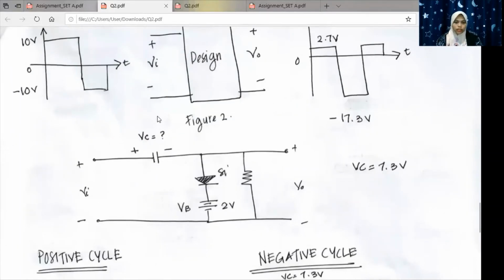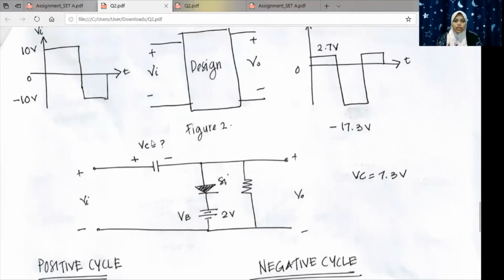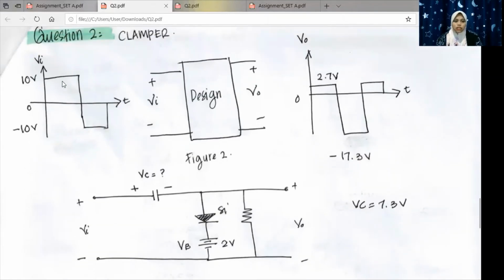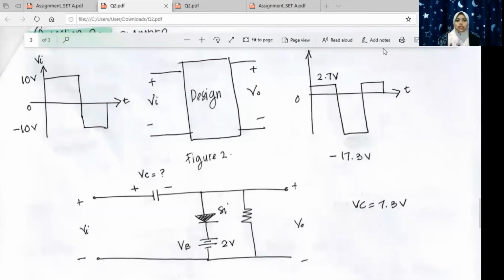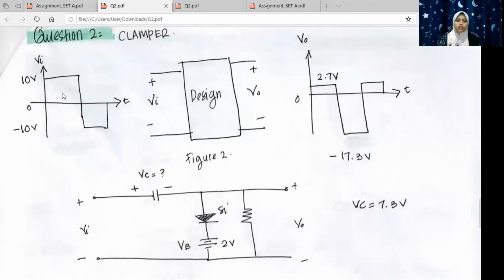So what we need to find now is VC, and since the difference of input and output is big, I assume that there is another voltage source in the circuit, an additional voltage source.